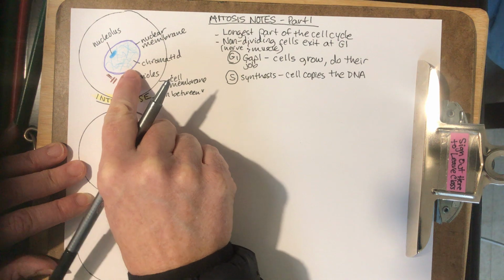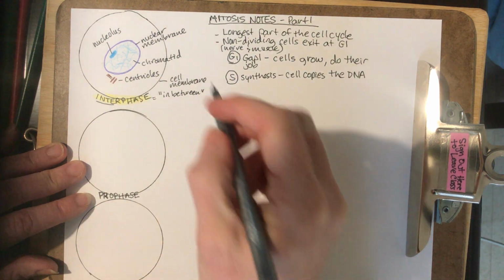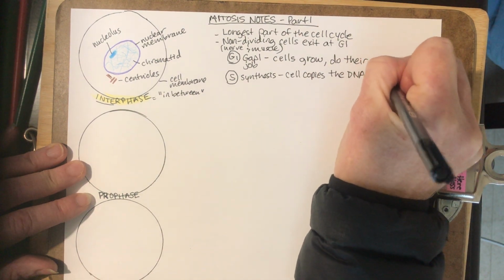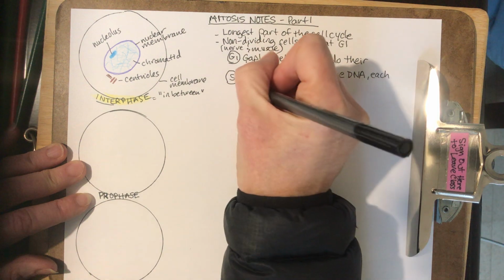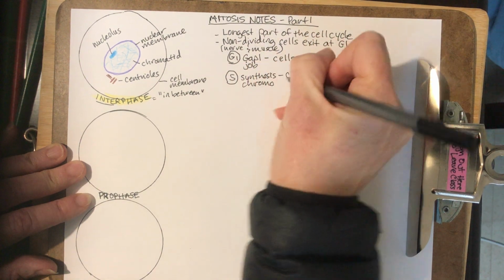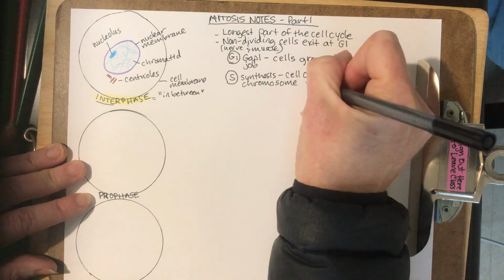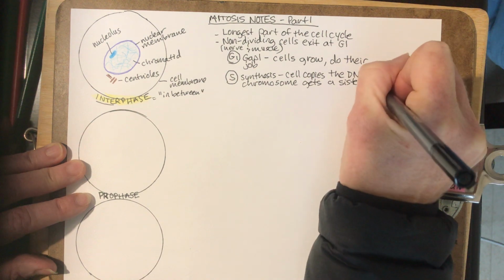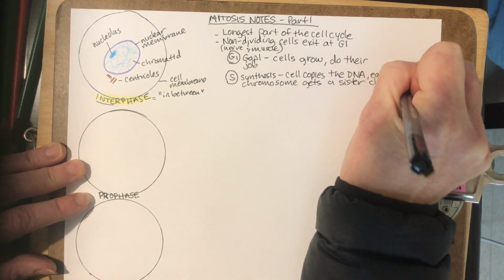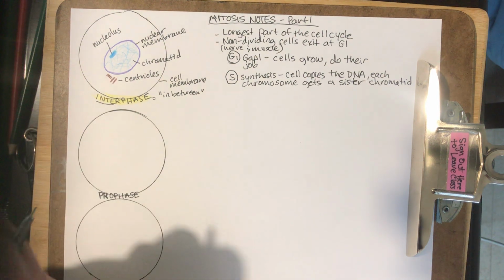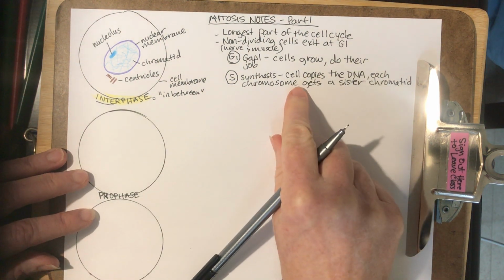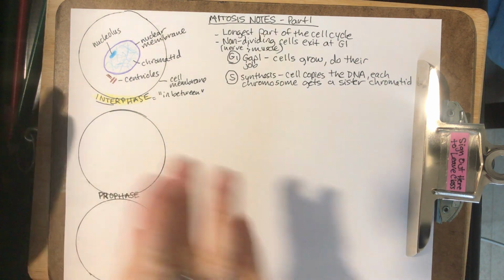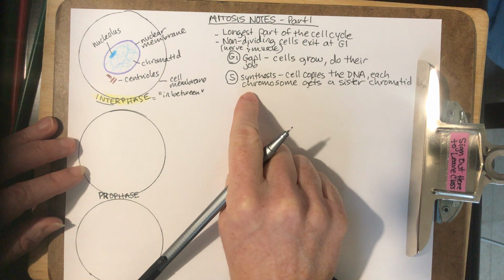So the DNA needs to be copied, and that takes place during interphase, the S portion. Each chromosome gets a sister chromatid. So that loose chromatin starts to condense into these stick-like structures called chromosomes, and it's duplicated and becomes sister chromatids. So two exact replicate copies stuck together, sisters.